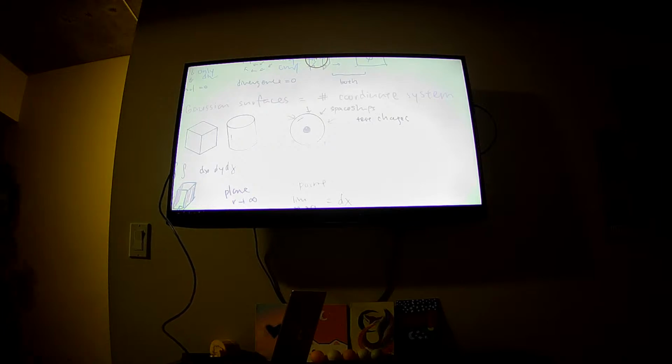Spaceships? No. Test charges. The definition of a vector field is that for every point in your supposed space, there is a vector which can correspond to it. It's a function of your space, whereby it returns a vector at one point.